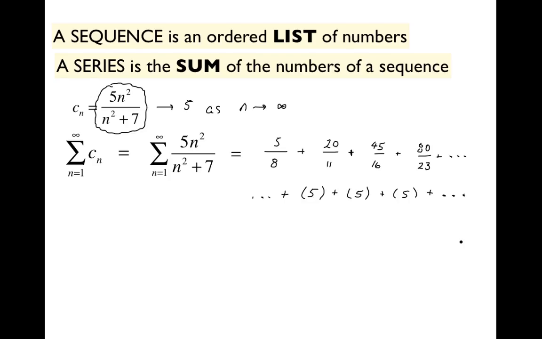What if my sequence converges to -1? What about my series? We're just going to add a bunch of -1s together, and we're going to get infinitely large negative, right? What if my sequence converges to 0.4? Then we're going to add a bunch of 0.4s together. It's going to diverge. So what is the only possibility for a series to converge?